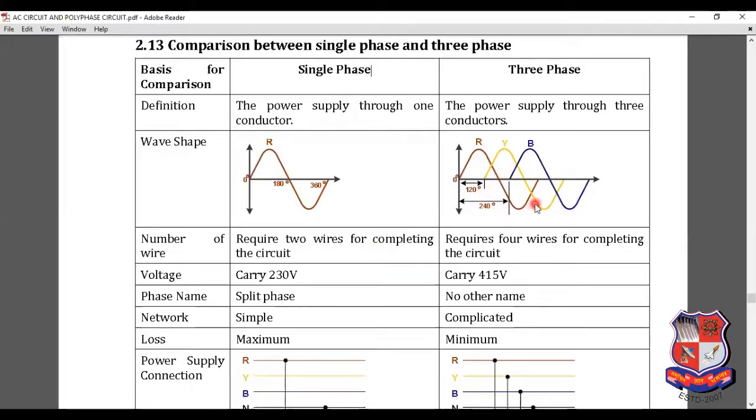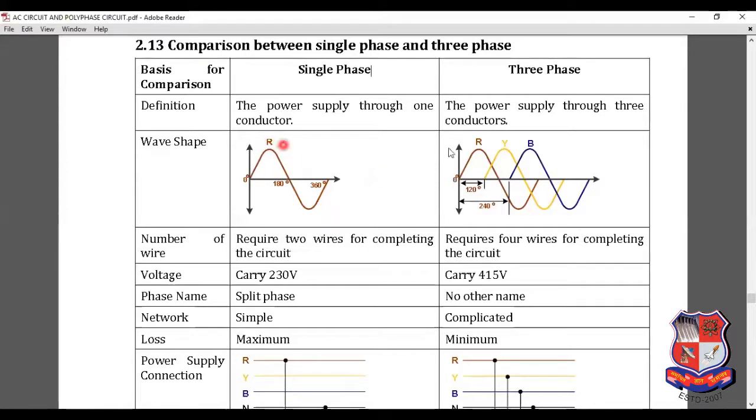Whereas in case of three phase circuit, R, Y and B, it means total three conductors are there, plus one conductor for neutral. So in case of single phase circuit, two wires are there, one is phase wire and one is neutral wire. Right now we are not concerned with the phase.